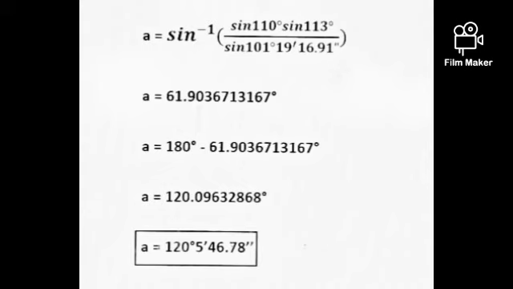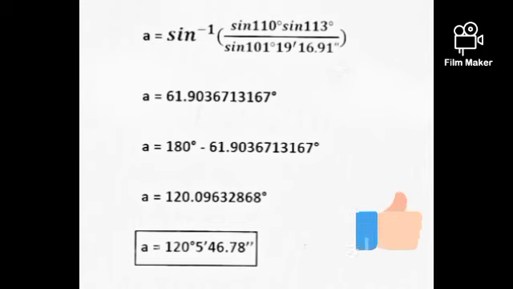But the small side a that we get is 61.90 degrees that terminates in the first quadrant. Thus, we should take the supplement of small a by subtracting 61.9036713167 degrees from 180 degrees, and you should get 120.096326868 degrees.